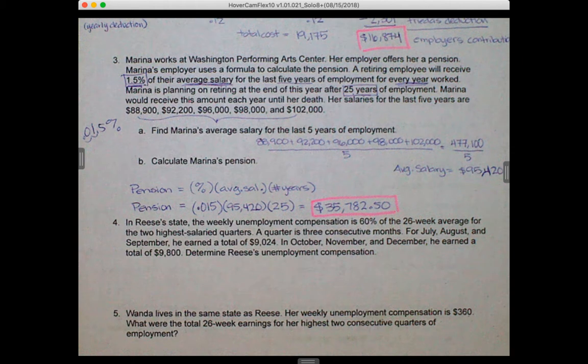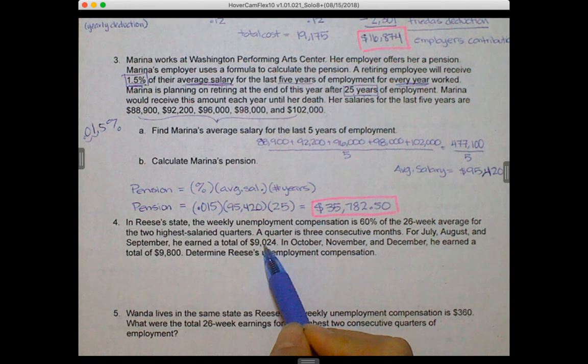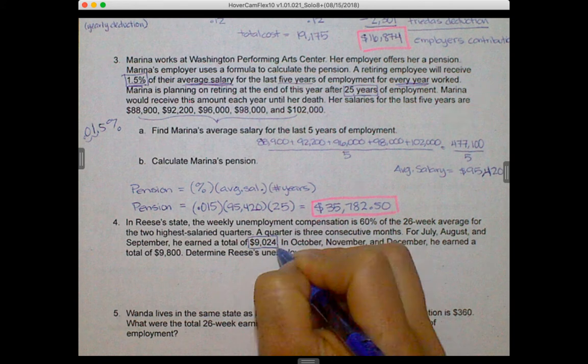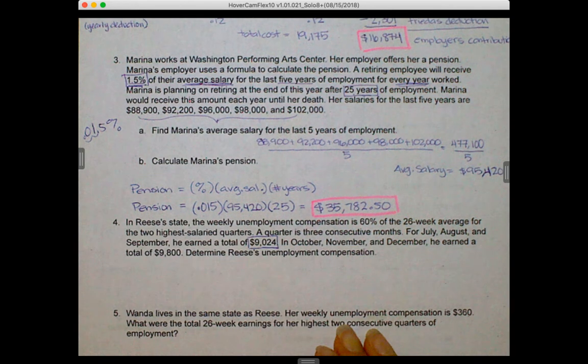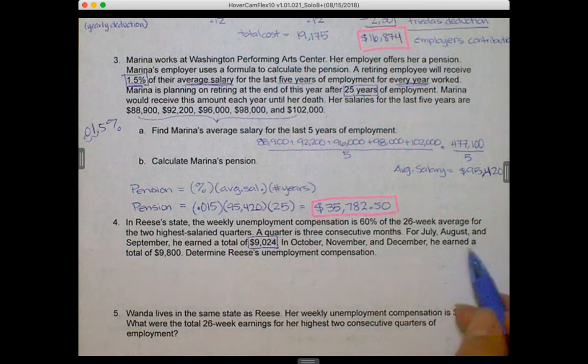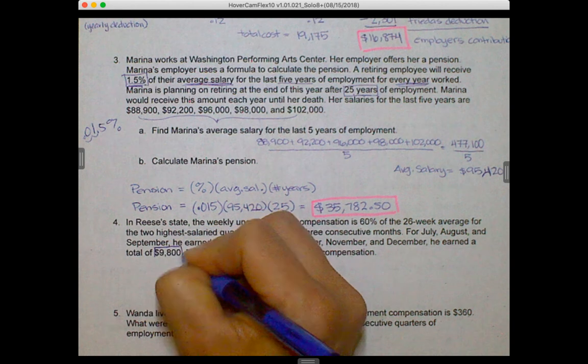Okay, so a quarter is 3 consecutive months. So we know for July, August, and September, this is what he earned for that quarter. So this was one of his highest quarters of pay. Okay. Then for October, November, December, he earned a total of $9,800. So this was the other highest quarter of pay.